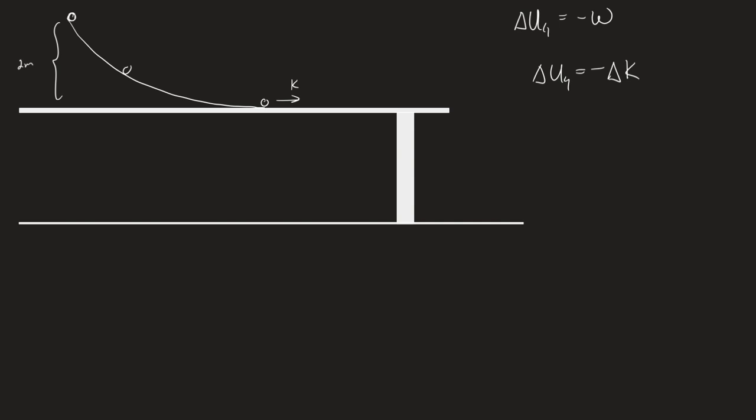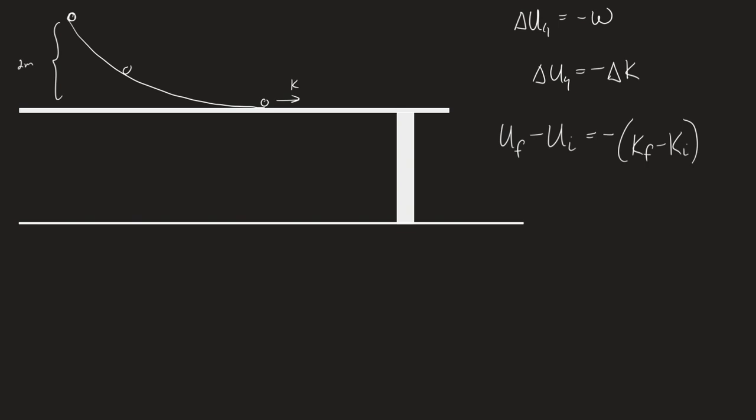Change in means U final minus U initial. I'm dropping the G for right now, so I can put these subscripts there. Is that okay? The other side, because there's a negative there, it's negative K final minus K initial. So here's what I want.